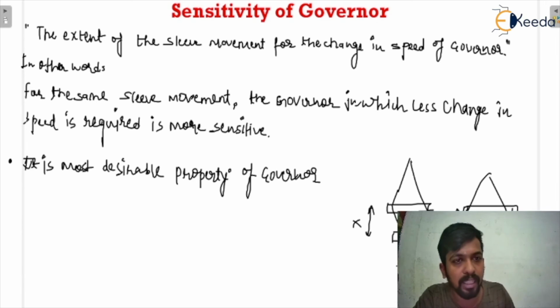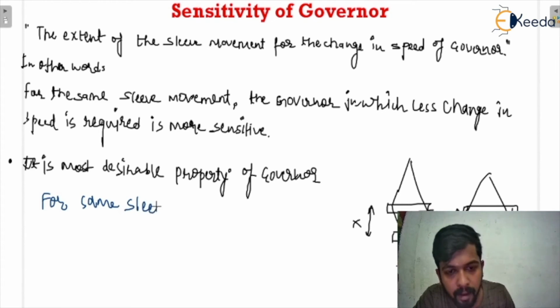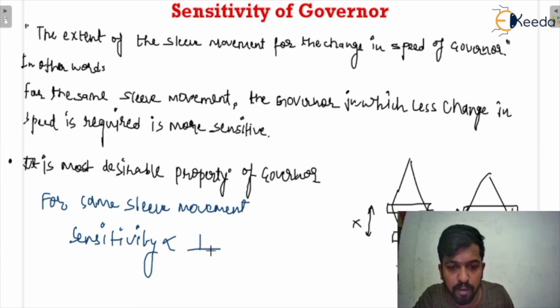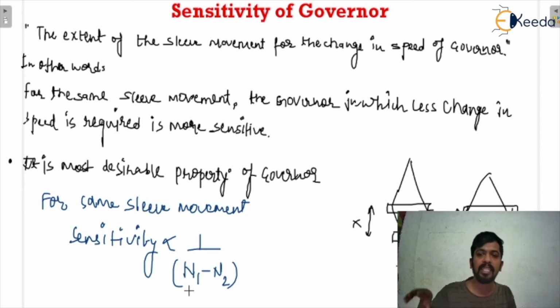So here I'm going to write that for the same sleeve movement, sensitivity is inversely proportional to the change in speed, because if in the governor less change in speed is required, that would be more sensitive.